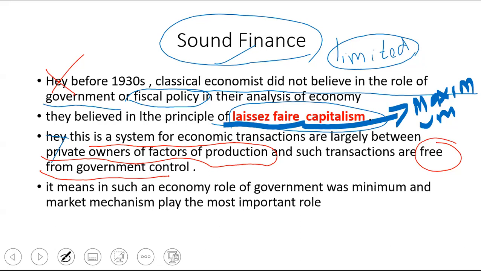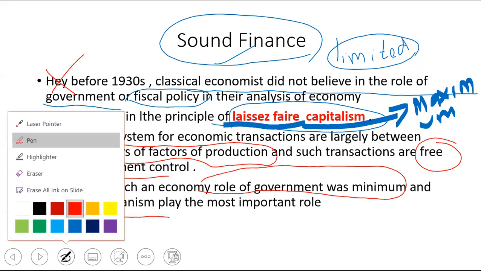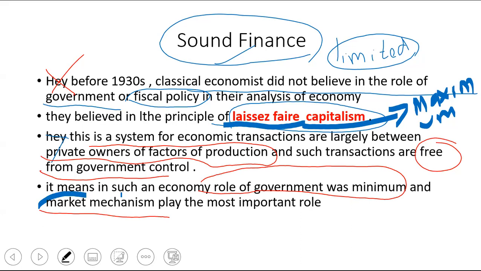In the Indian system, the government is very powerful. So in sound finance, the government has to play the minimum role. Always remember. It means in such an economy, the role of government is minimum and market mechanism, underline that. Market mechanism plays the most important role, this word.